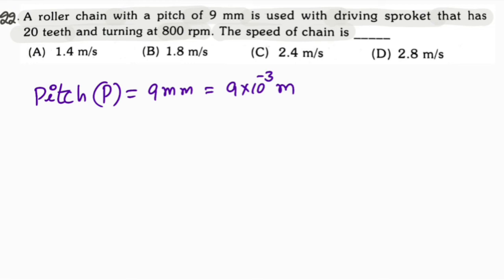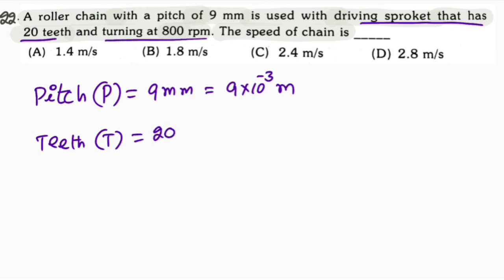Okay. Used with driving sprocket that has number of teeth, may be denoted by T equal to 20. Okay. And turning speed n equal to 800 rpm.